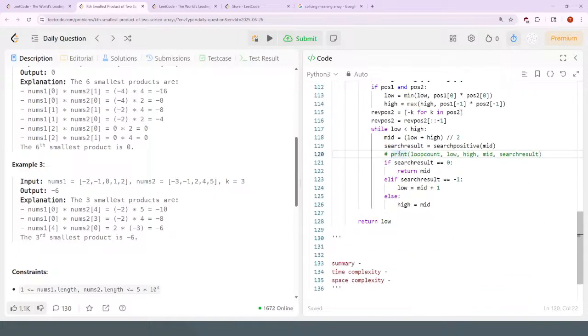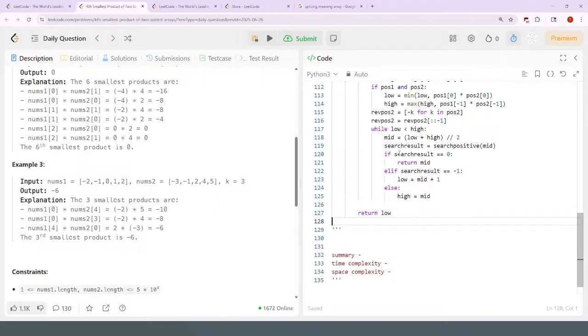So, for the summary, I don't even know what to say here, but in general it uses a binary search approach.